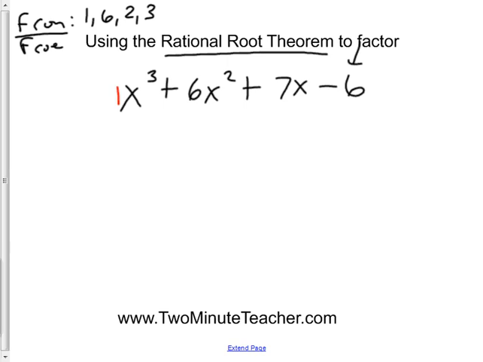The factors of the coefficient, well, the coefficient is just a 1 here, so its factors are just 1 and 1. So when I divide them, because this is a divide problem, I get 1 and 6 and 2 and 3 all divided by 1 make 1, 6, 2, and 3.